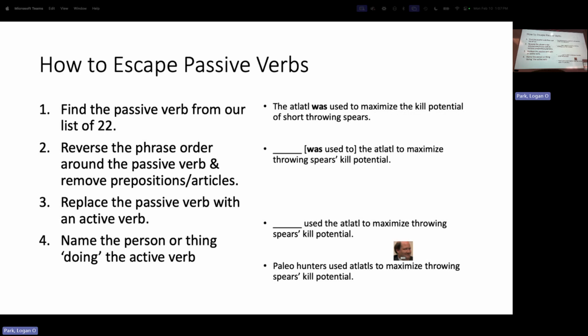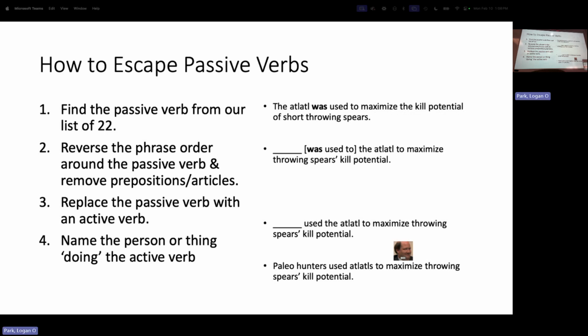Somebody did something. That's a story. The atlatl was used to maximize the kill potential, blah, blah, blah. It's not a story. It's just a statement. It doesn't hit you or me in the gut. But a story, I need to do that.